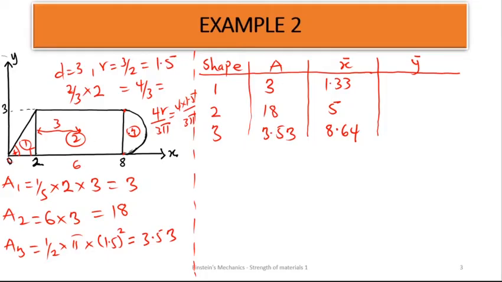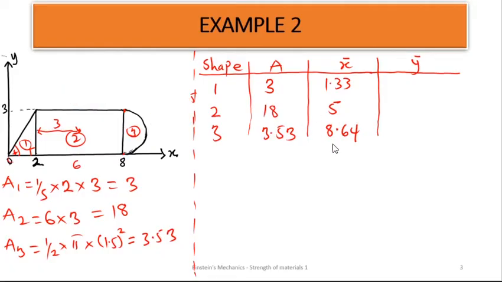What about the Y? So for the right angle triangle, to get the Y center, we are trying to locate the Y part of them. So the Y for the right angle triangle, that is shape 1, is still going to be moving from the base to locate the center. That is going to be 1/3 of the height, that is 3.